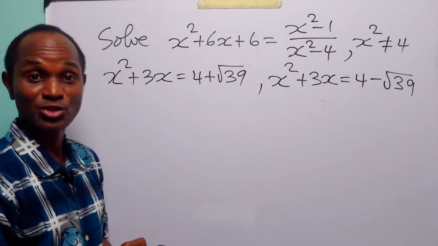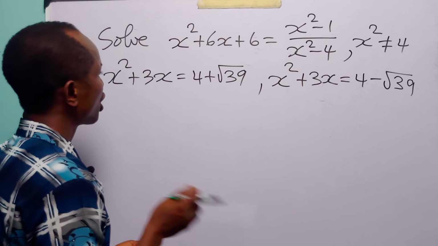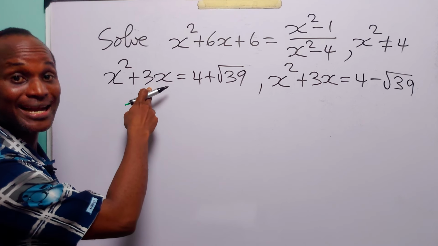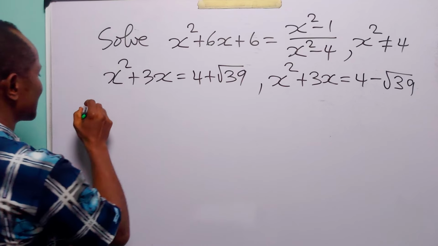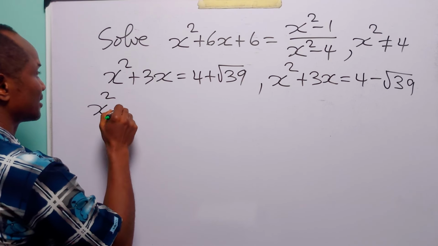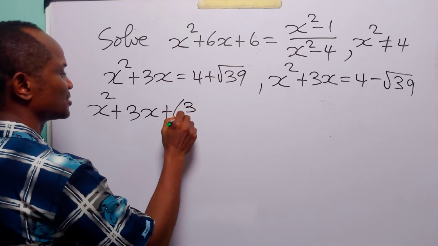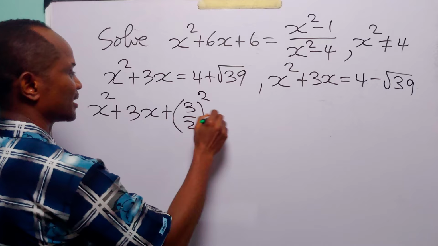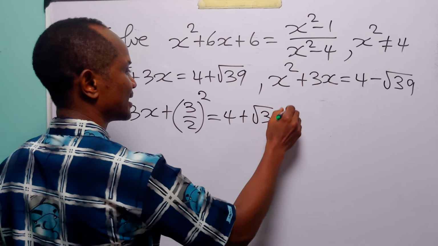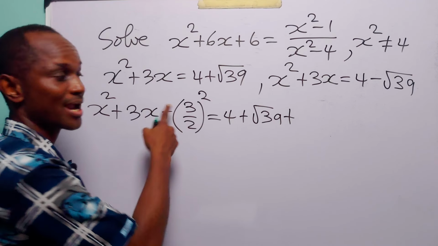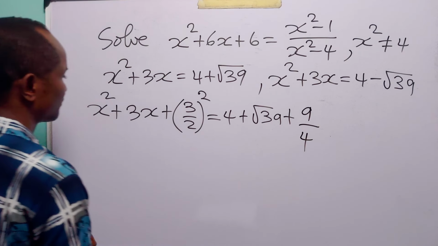And of course, you know that we cannot solve this quadratic equation by factorization, so we complete the square. All we have to do is to divide 3 by 2, square it, and add to both sides of the equation. When we do that, we have x squared plus 3x plus 3 divided by 2, which is 3 over 2 squared, and this is equal to 4 plus root 39 plus 3 squared is 9, and 2 squared is 4.